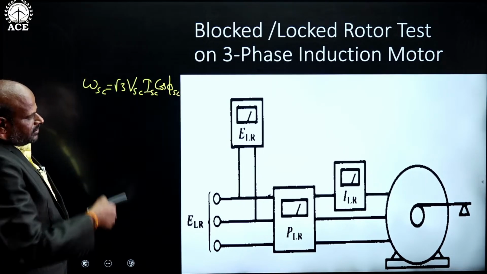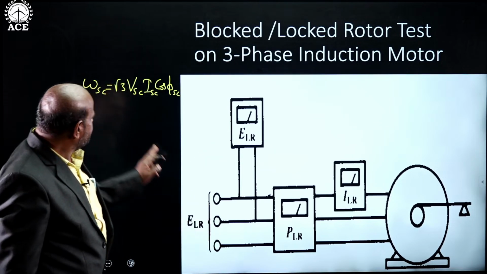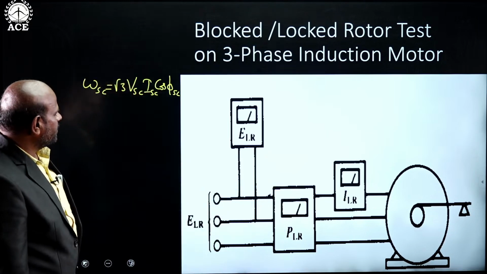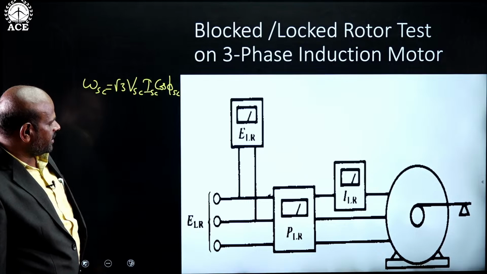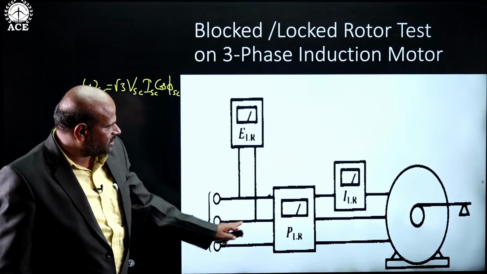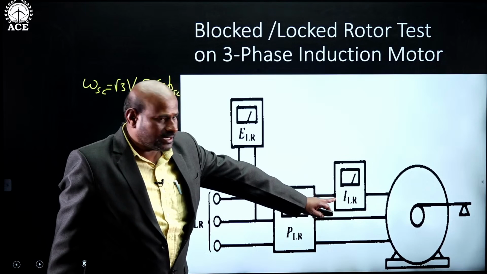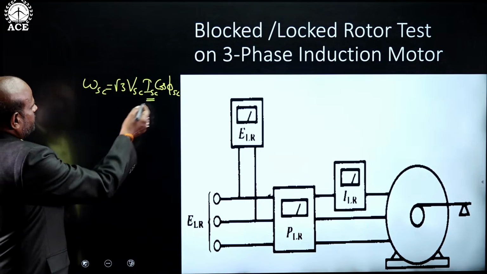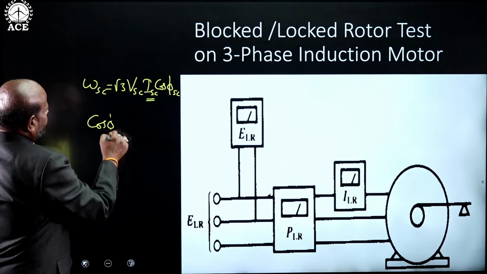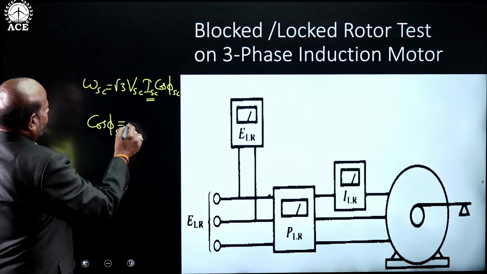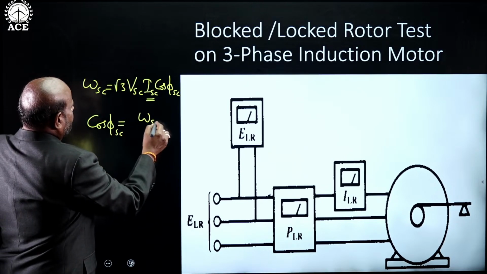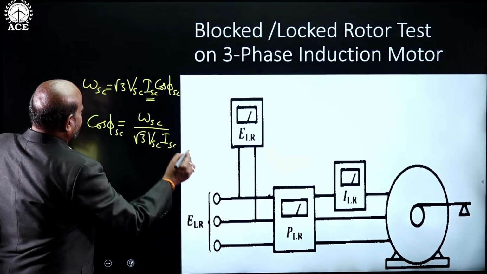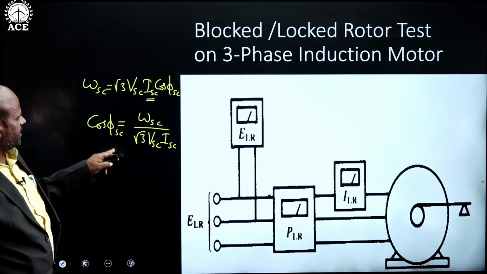So we know the applied voltage is rated voltage and the rated current noted by the ammeter whenever the rotor is blocked, and we have to apply the voltage such that the current in the meter reads to rated value, that is the rated short circuit current. So from this we can find out the short circuit power factor, cos phi SC equal to WSC by root 3 VSC into ISC.